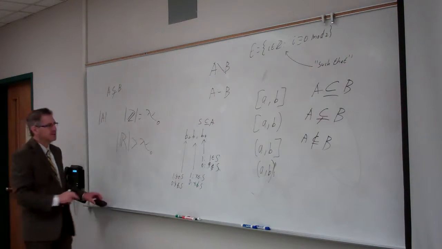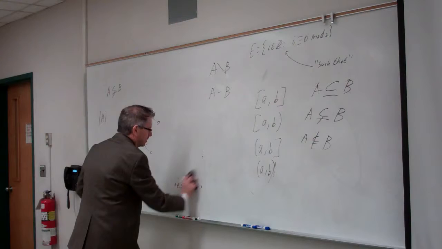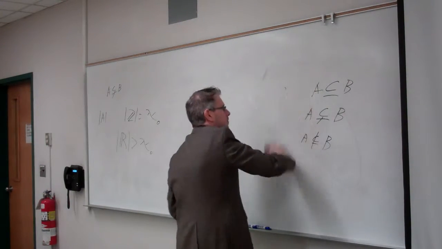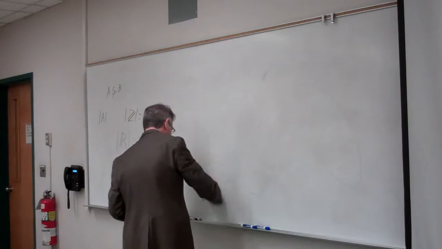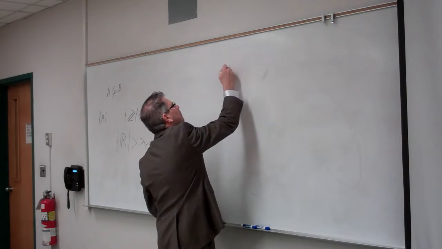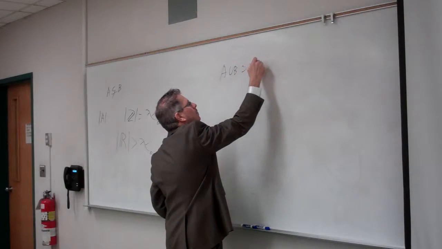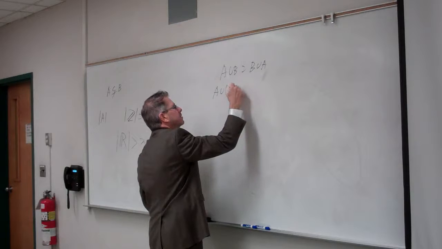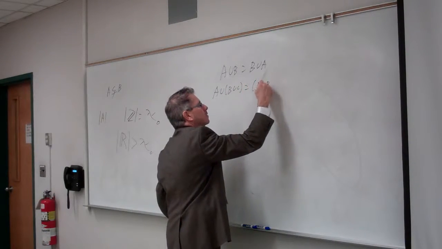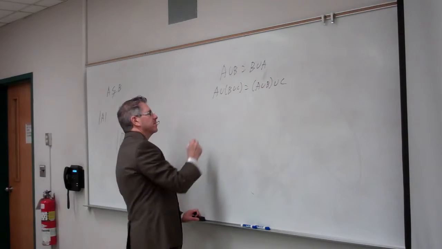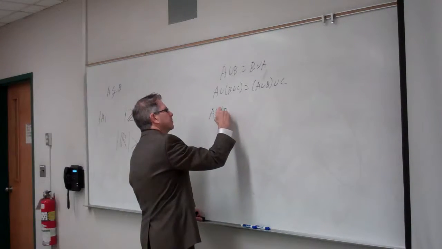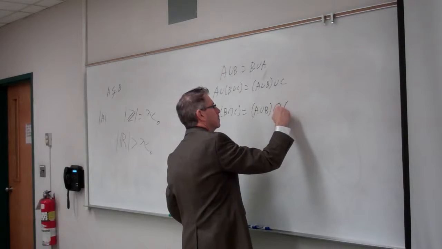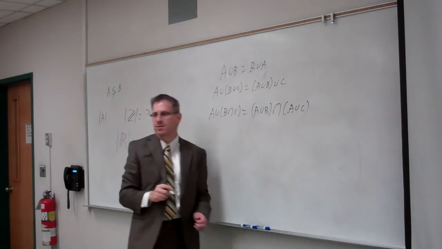And then this links into 250, because they're set identities. So there's commutativity, there's associativity, there's distribution, and so on.